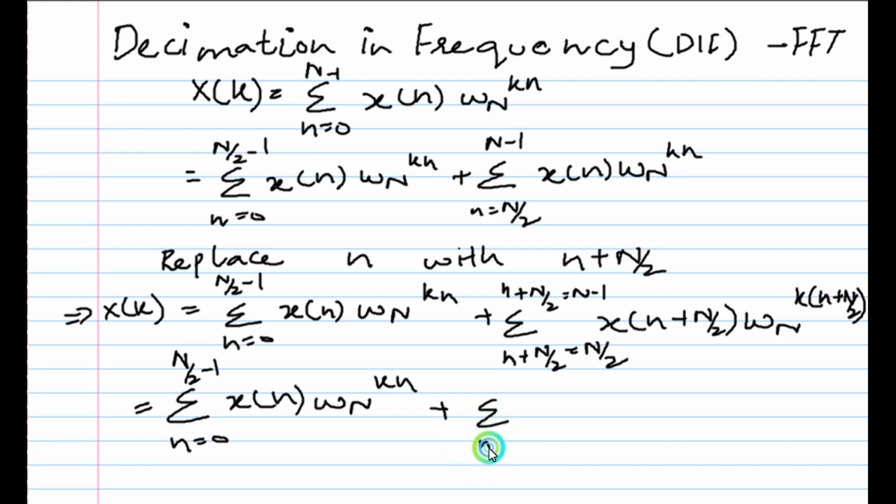This will be n running from 0, that's N by 2 minus N by 2, to N by 2 minus 1 of x of n plus N by 2. So I'll just break it down. This becomes W_N^{nk} into W_N^{k N/2}, fine.